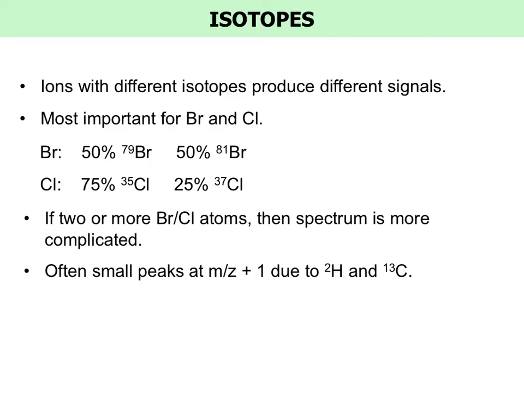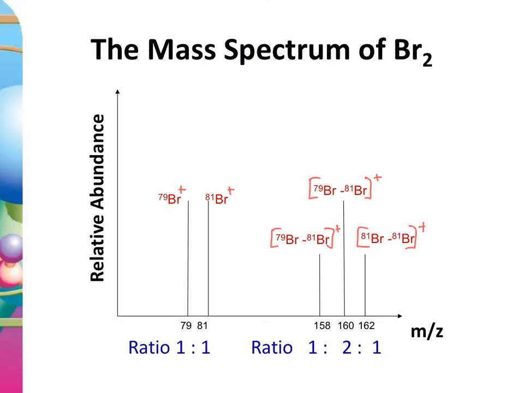What I want us to focus on now are the spectra for bromine and chlorine, which are a little bit more interesting than you might have originally thought. So if we were to do mass spectrometry of bromine in a time of flight, we would actually get 5 different peaks.